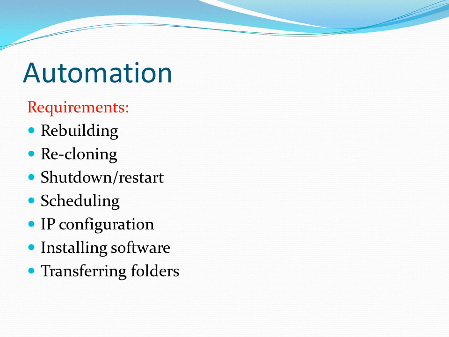Also, we can schedule some of those tasks. We'd also like, as I mentioned, to configure some of those IP addresses on, for example, loopback adapters. We may want to install software remotely from the server, and also we might want to transfer folders. So for example, if we're setting up a time constrained assignment, we might want to download some files to the PCs in the laboratory.